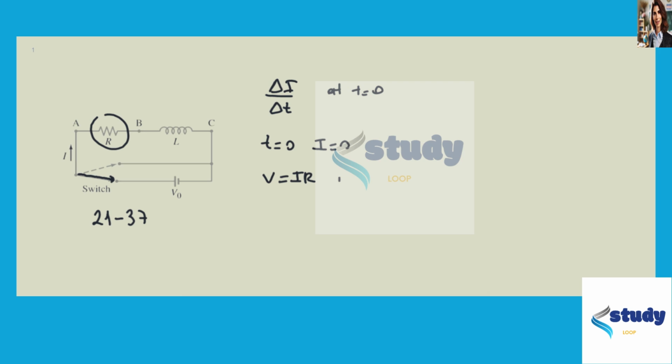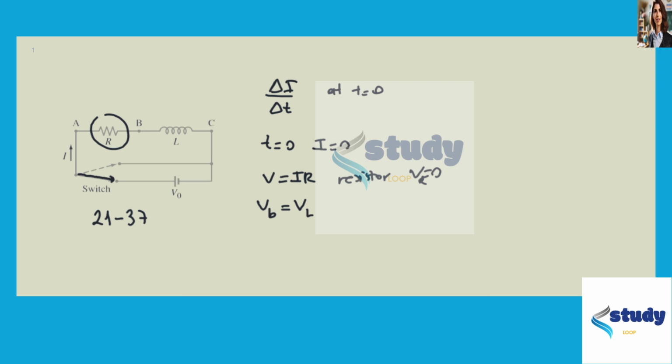So the potential across the resistor, let's call it V sub R, is going to be 0 initially. So all the battery's potential is going to be the potential across the inductor, right?